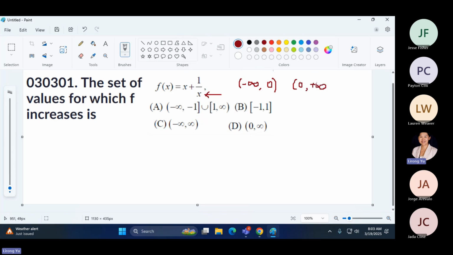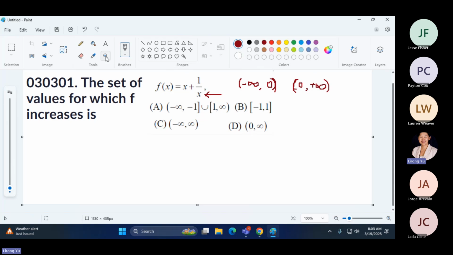We will be using round parentheses to indicate this is open, this is open, so 0 is not included in the interval that we're studying. I'm identifying that ahead of time, because yesterday with a polynomial it was negative infinity to positive infinity. Today, because the function definition has that division in there, we start with this.